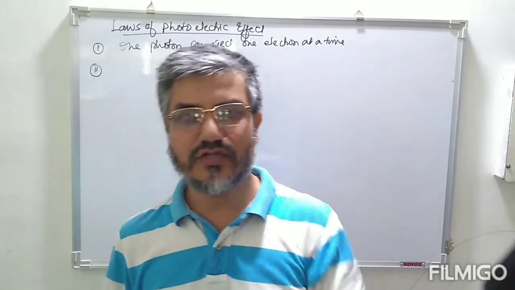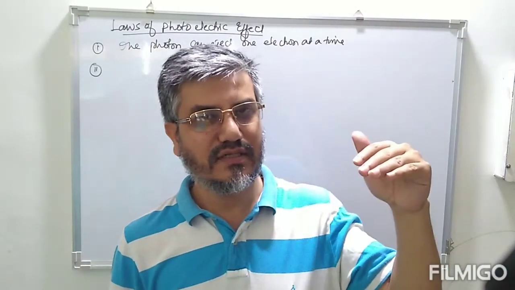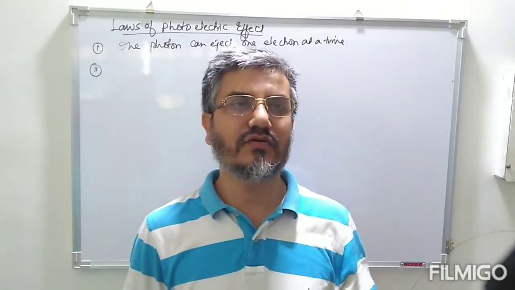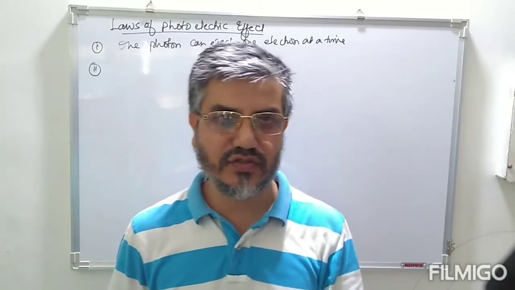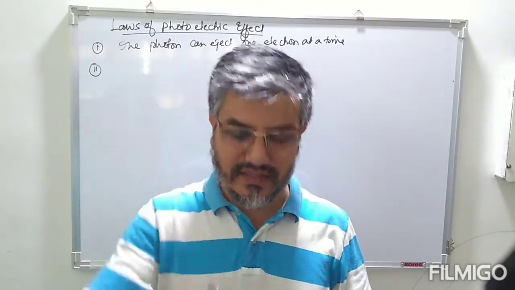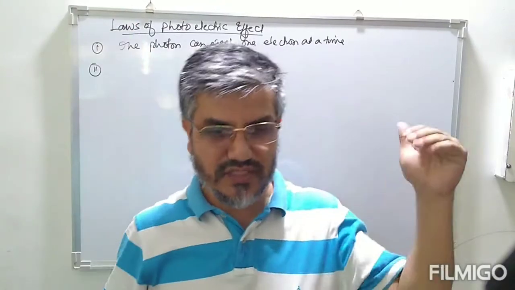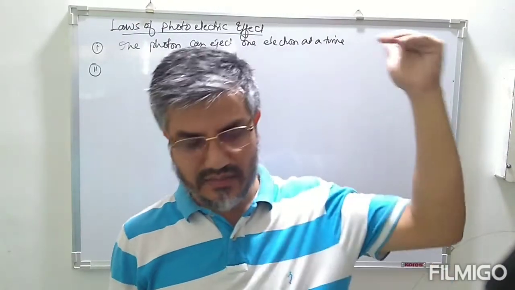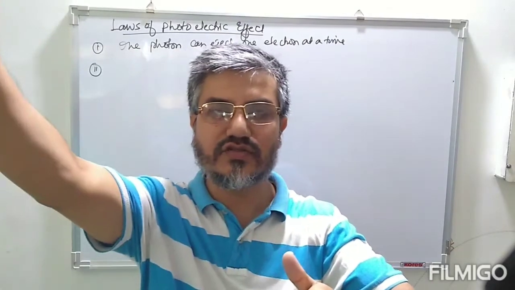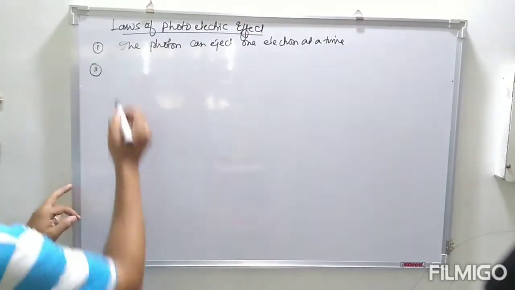When the photon falls on the surface, this energy is used up by the electron to break the attractive force, and finally the electron is ejected. The moment the photon falls on the surface, the electron has to be ejected.